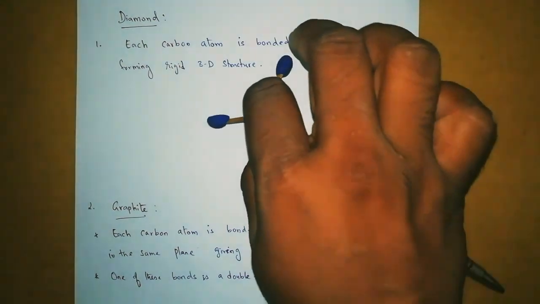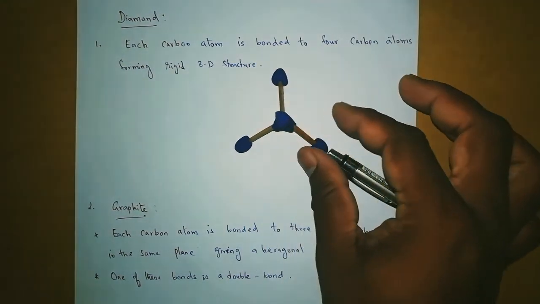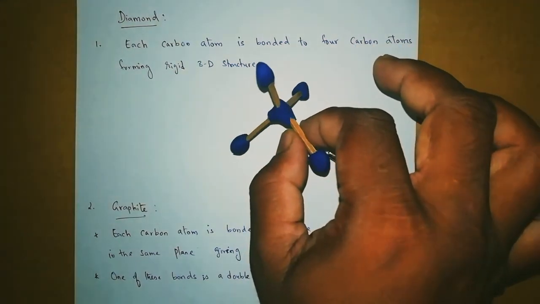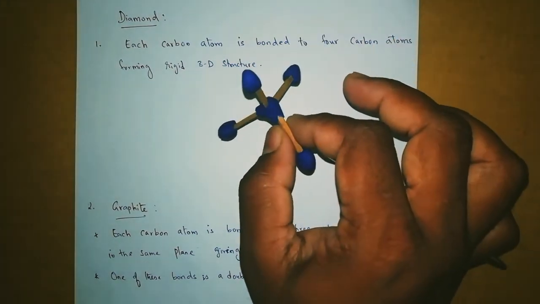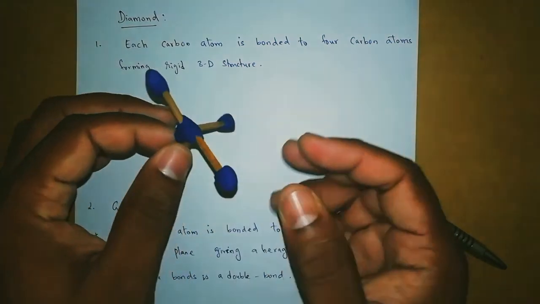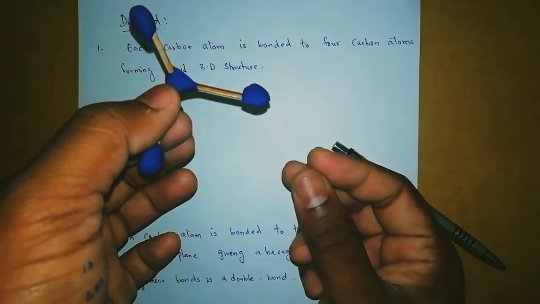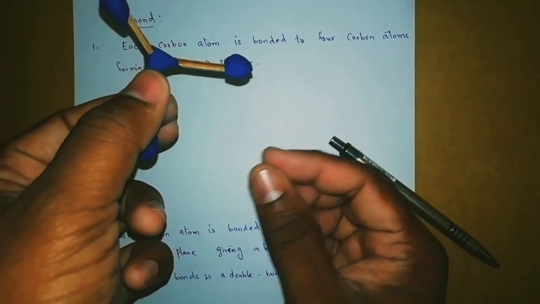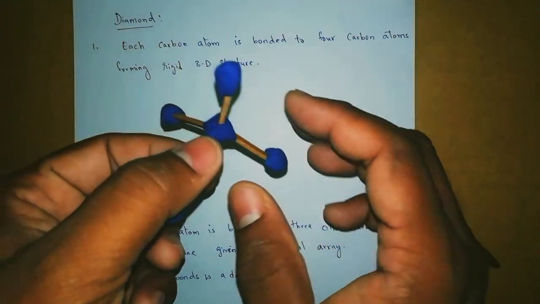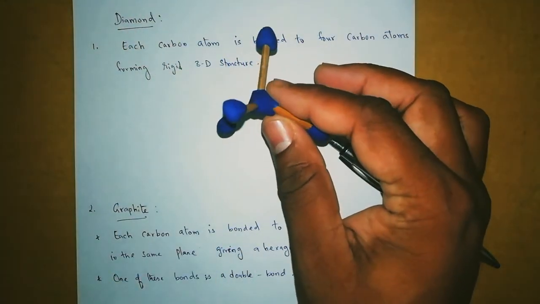I made a very simple thing here, and if you want, you can make it even bigger, as given on page number 61. Here also you can join another 1, 2, 3, 4, and you can make the structure even bigger. This is one simple model.